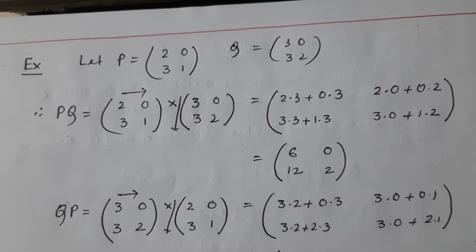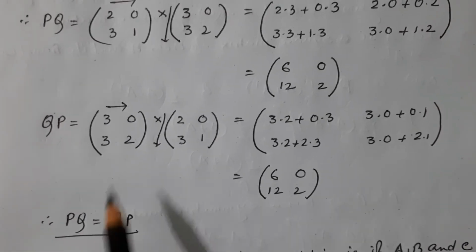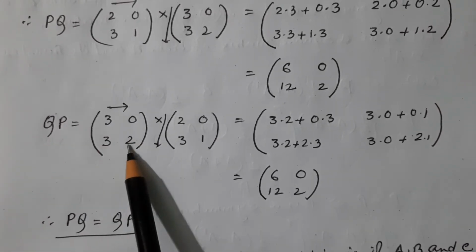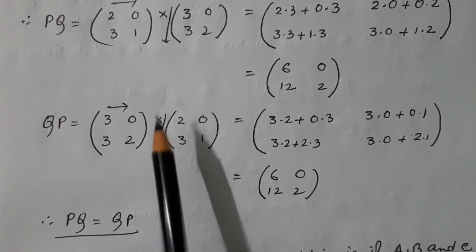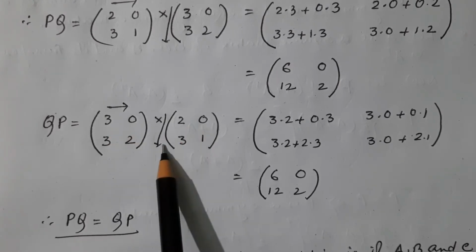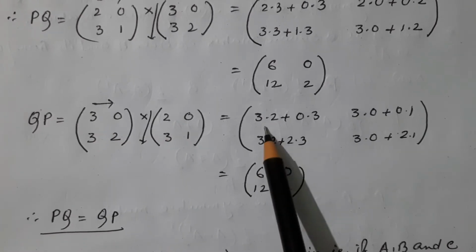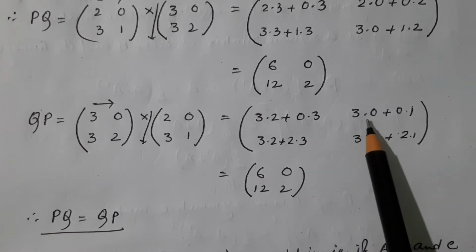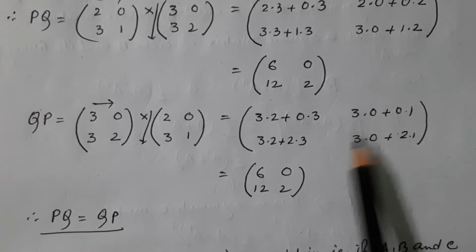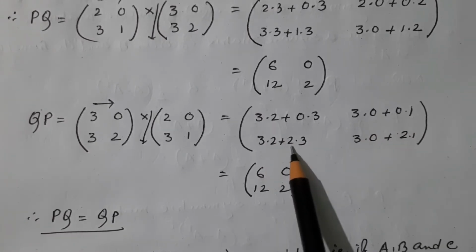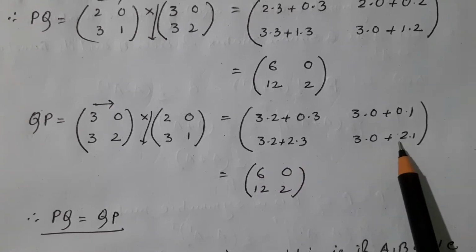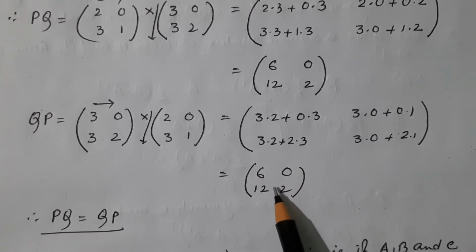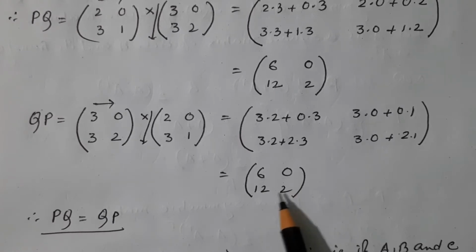Again, QP: Q is 3, 0, 3, 2 and P is 2, 0, 3, 1. Row multiplied with the column, and we get 3 into 2 plus 0 into 3, 3 into 0 plus 0 into 1, 3 into 2 plus 2 into 3, 3 into 0 plus 2 into 1, and ultimately we get 6, 0, 12, 2.